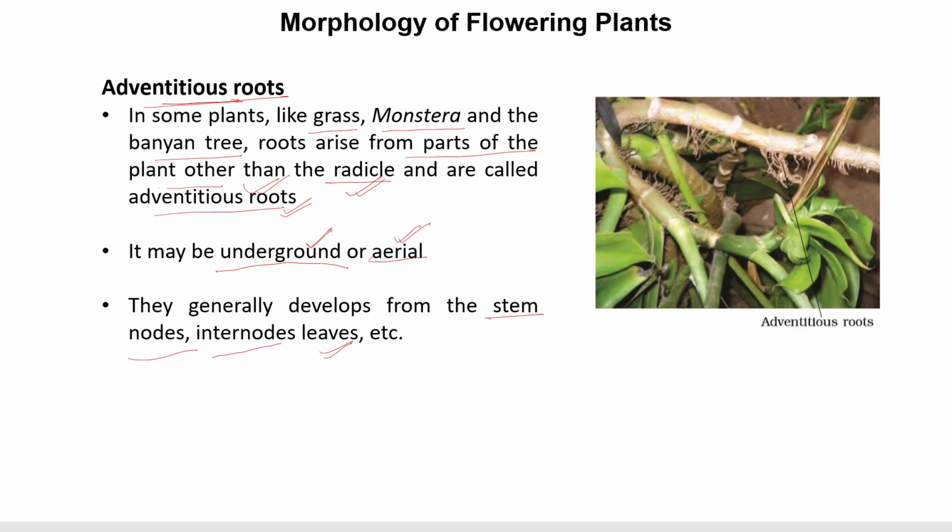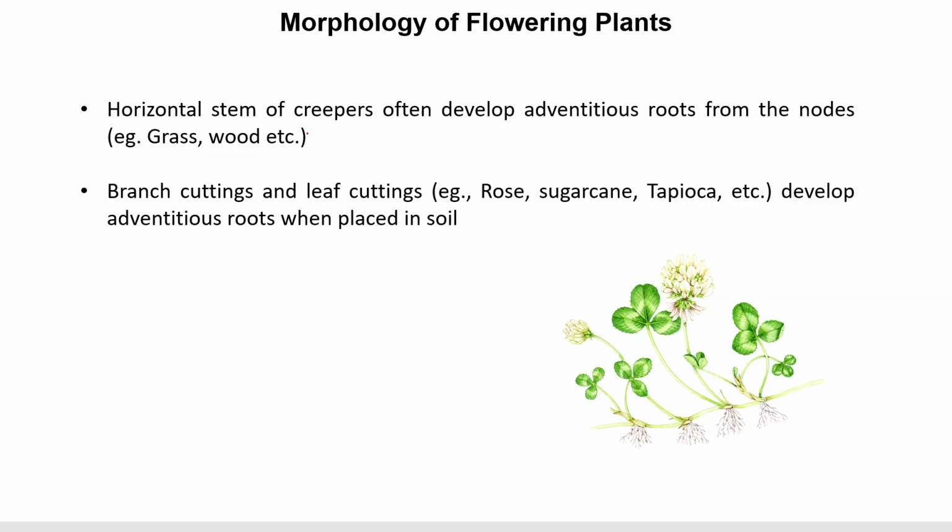So here you can see one of the plants. At the nodal region, these are the nodes, you can see lots and lots of roots coming out. So these are adventitious roots. The horizontal stem of creepers.